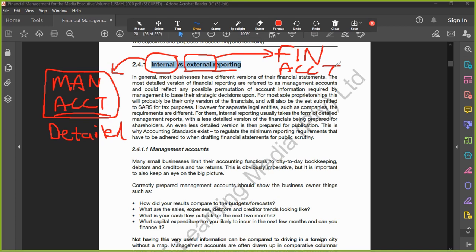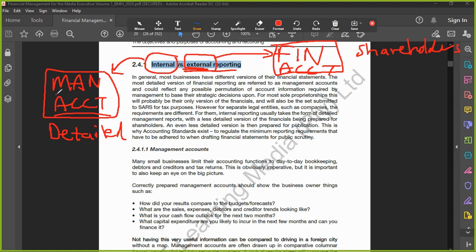With financial accounting, it's much more summarized because it's external reporting. Remember, external means outside shareholders or outside users. Those shareholders don't necessarily want to know all the detail. In other words, a shareholder wouldn't really want to know exactly which product is selling. A shareholder would just want to know how much profit the business made, what the total sales were.